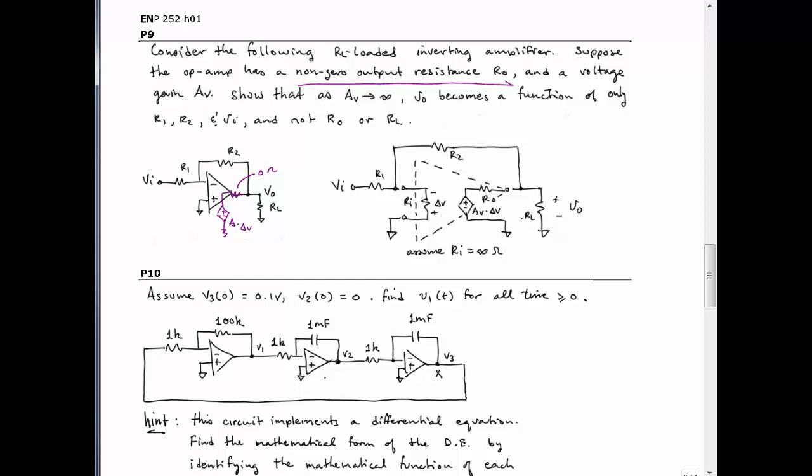But you're going to have to solve this initially for a finite AV, voltage gain, and finite RO. Okay, you don't need to know anything about op-amps to solve this circuit, because you could redraw this circuit without any knowledge of the op-amp. This guy goes out, Ri doesn't, we say it's infinite, so we can get rid of him.